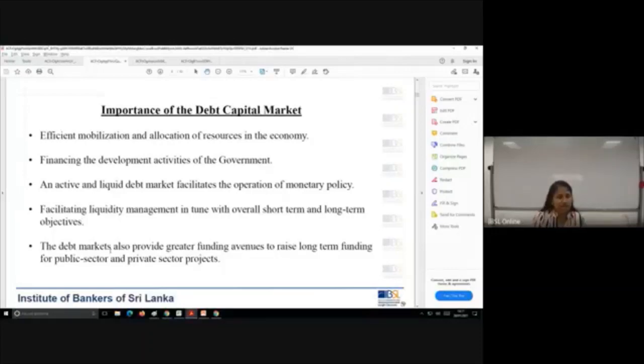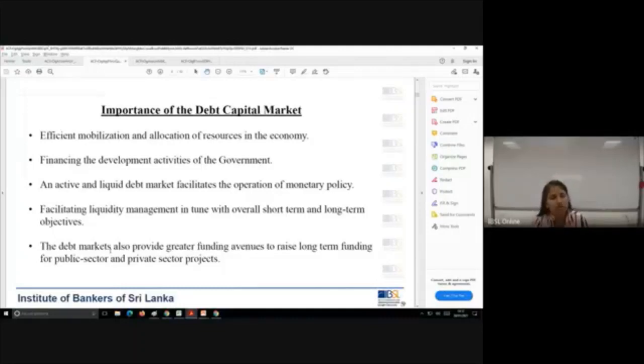Secondly, the debt capital market is important because government cannot approach any other market. So for the government to finance their development activities, they need to come to the debt capital market. An active and liquid debt capital market is going to help in the operation of monetary policy.